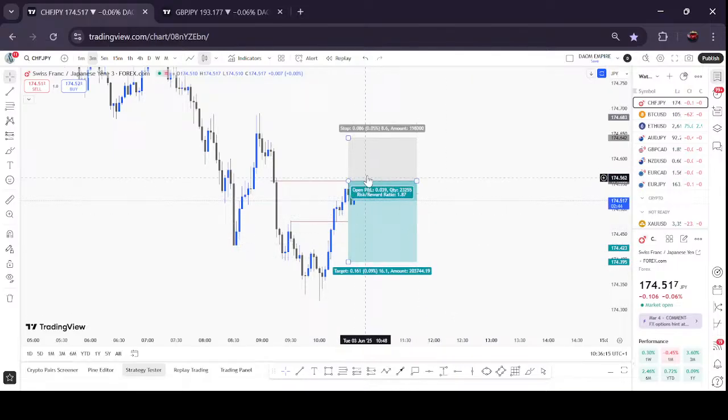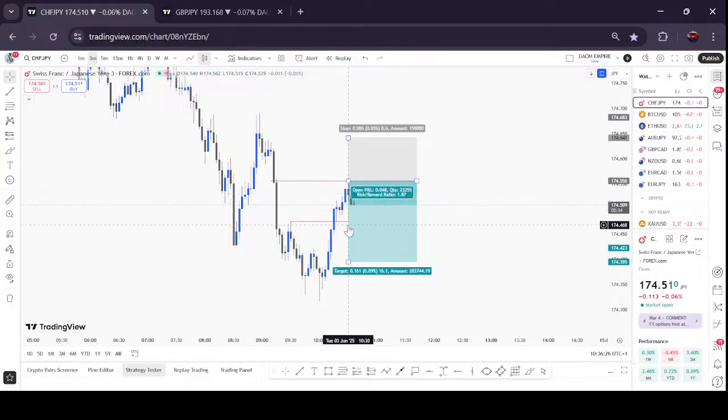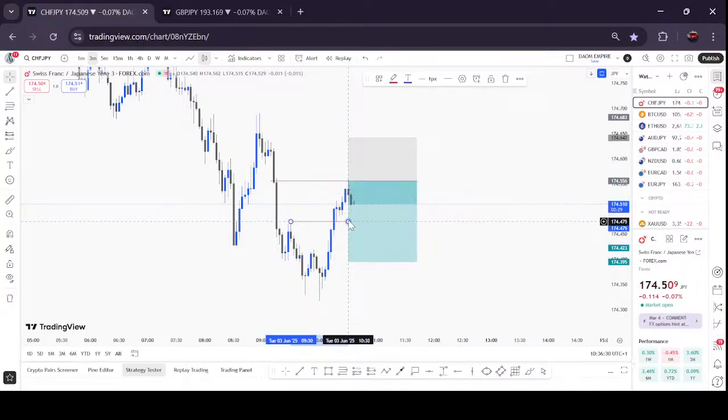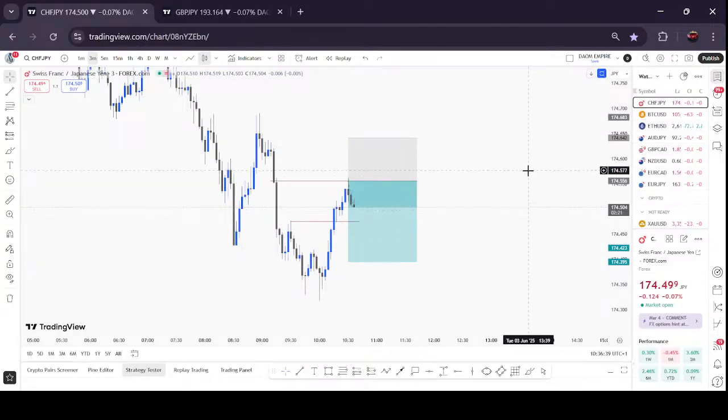Don't celebrate yet, it might still push up. If it still pushes up, I'm going to add more position, but if it closes below here, I'm going to add another position.